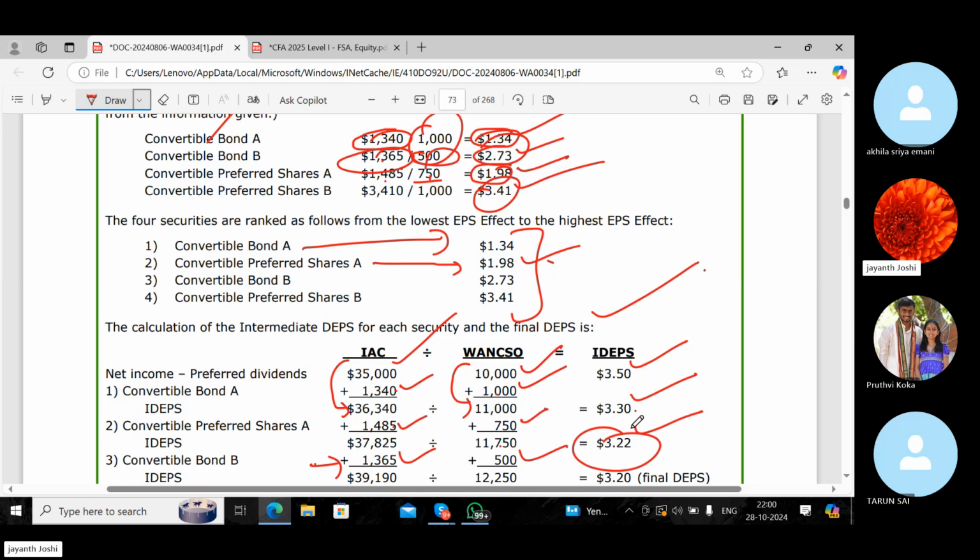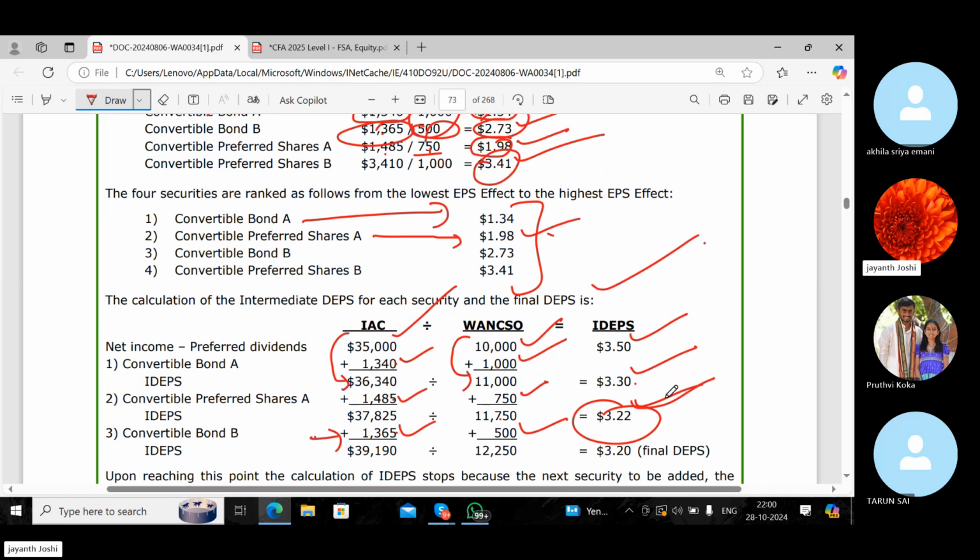We got the diluted EPS. And then we took the convertible bond B, 1,365 and 500. But if you go beyond this, let's check what is going to happen. You're getting 3,410 and 3.21. Yeah, so that is anti-dilutive. So we have to stop here.